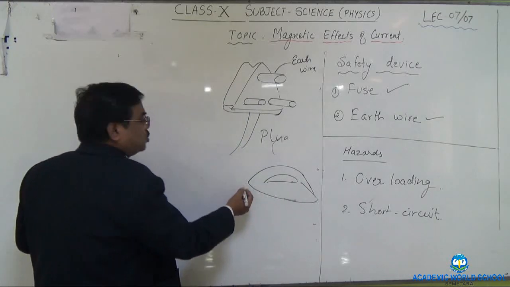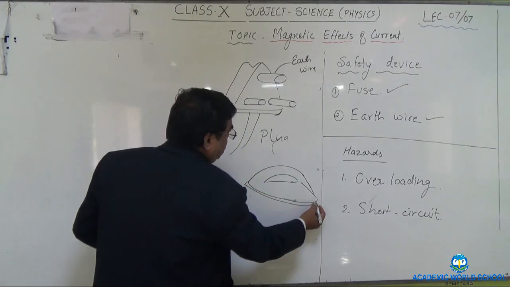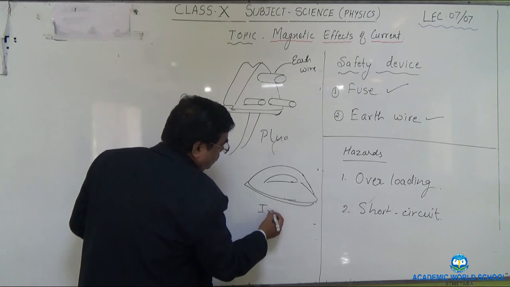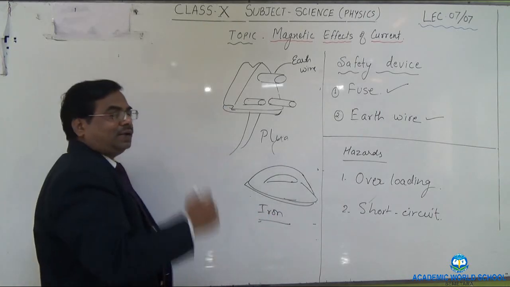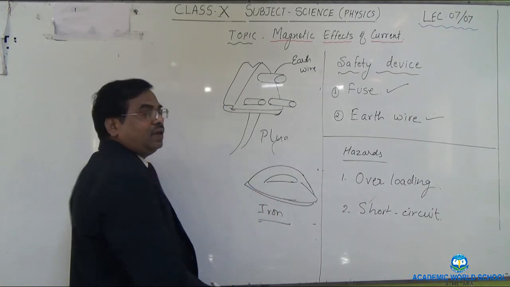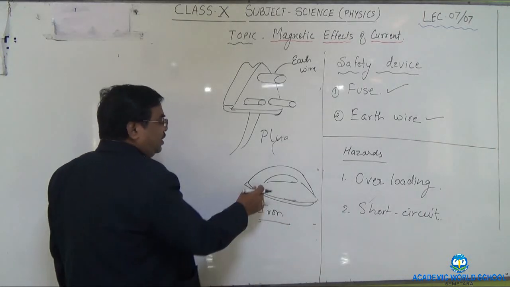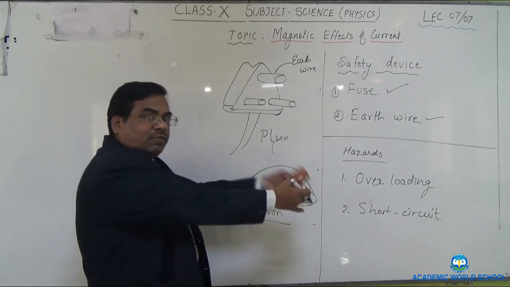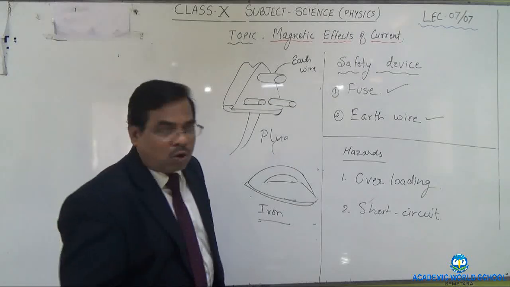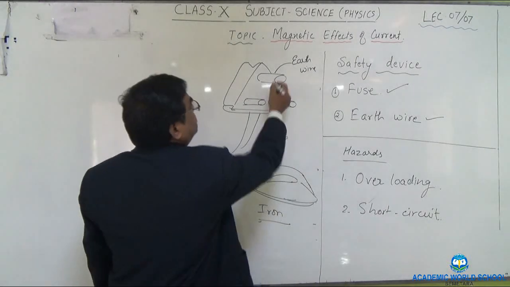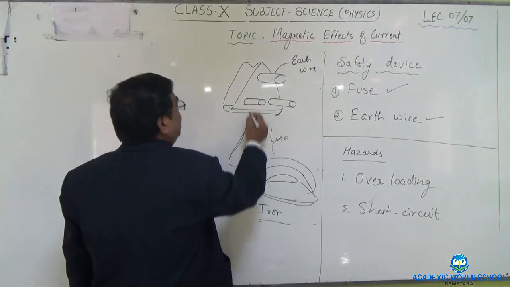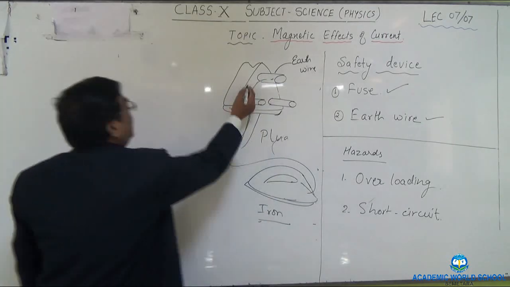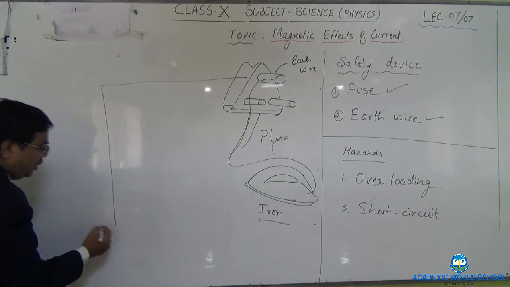In that press iron, in the electric iron, if there is any leakage current, then if you touch it, the current will go through your body and you will get shock. Here, this third pin will take the current and it will go down into the earth.